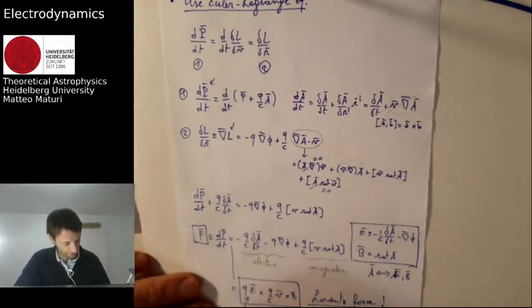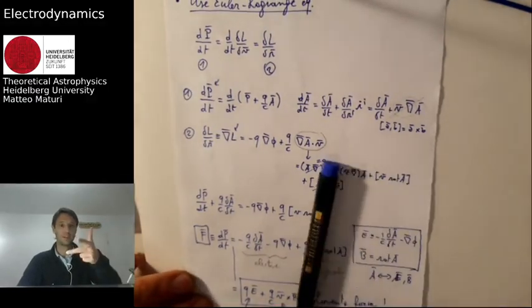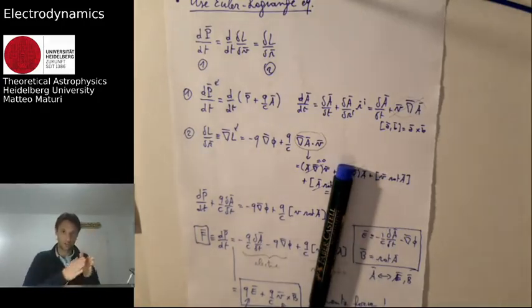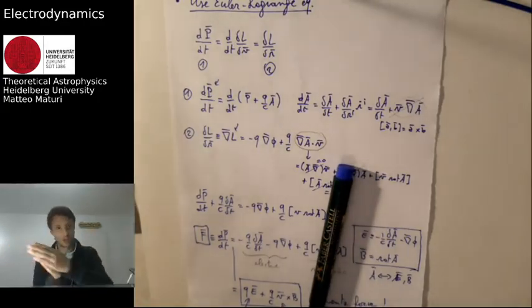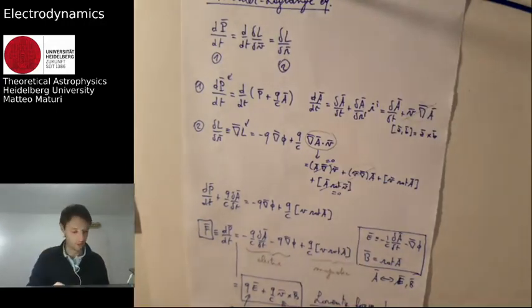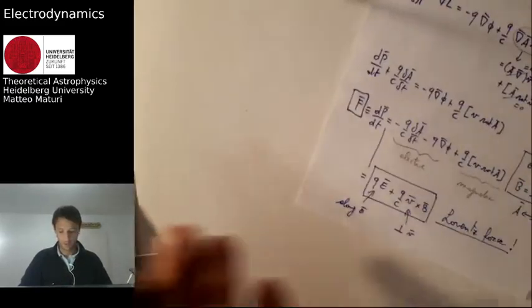So this is along E as a direction, whereas this one is going to be orthogonal to the velocity. Therefore, it's going to bend the trajectory of the particle, whereas this one is going to give a linear acceleration of the particle. So this is about the force.